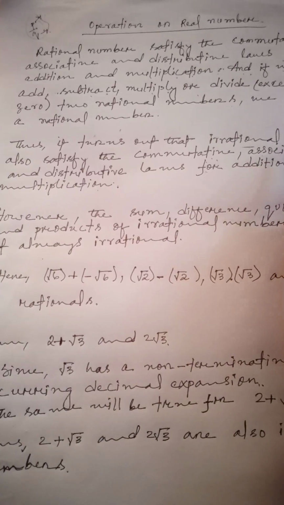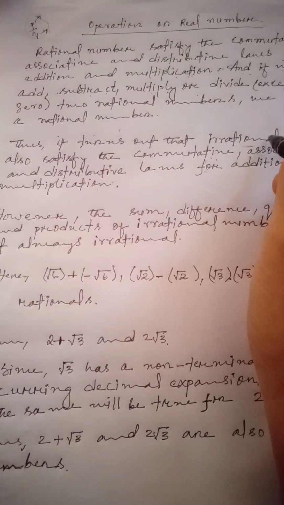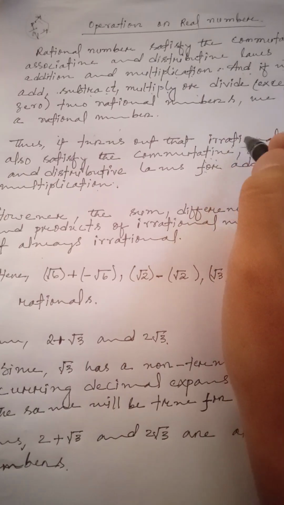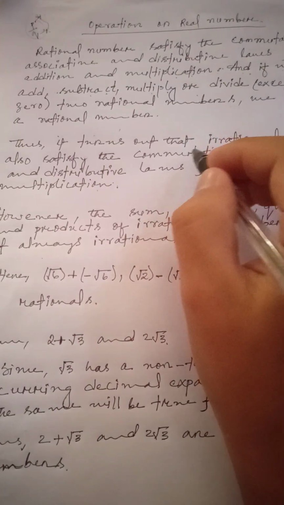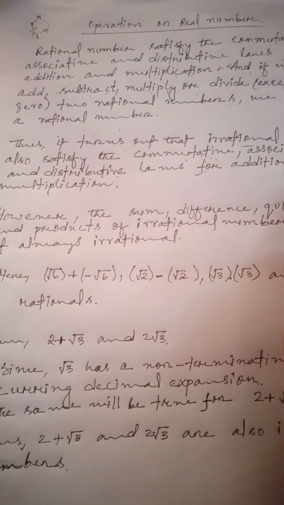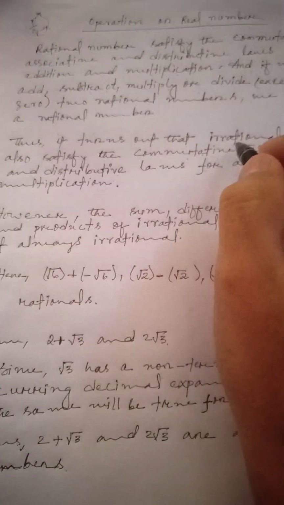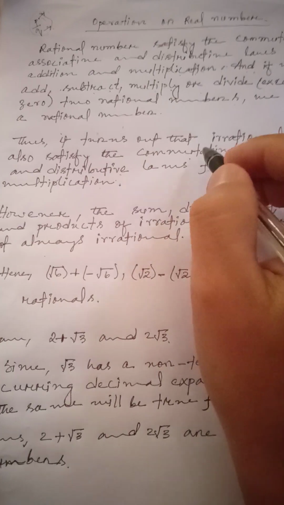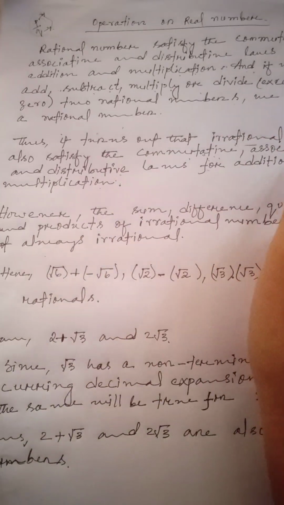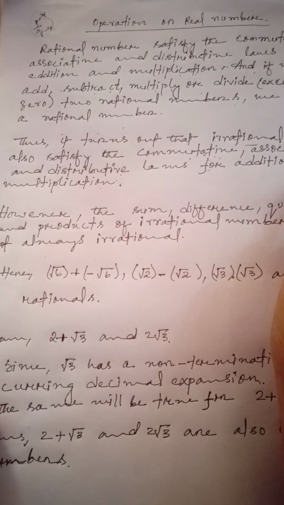Actually it talks about whether irrational numbers are commutative or associative. Here we can see that irrational numbers satisfy commutative, associative and distributive laws for addition and multiplication. Thus we can conclude that irrational numbers are commutative, associative and distributive for addition and multiplication. Okay, so that's it up to this.